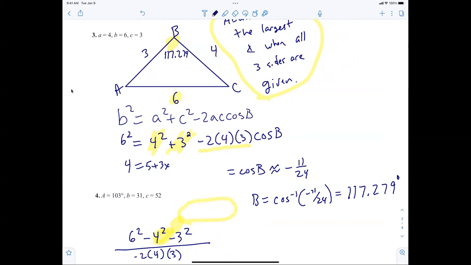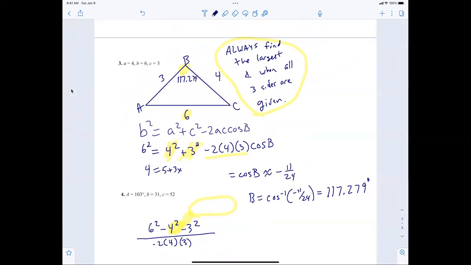117.279 here. Now, how do I figure out what C is? Sine of C over 3 equals sine of 117.279 all over 6.